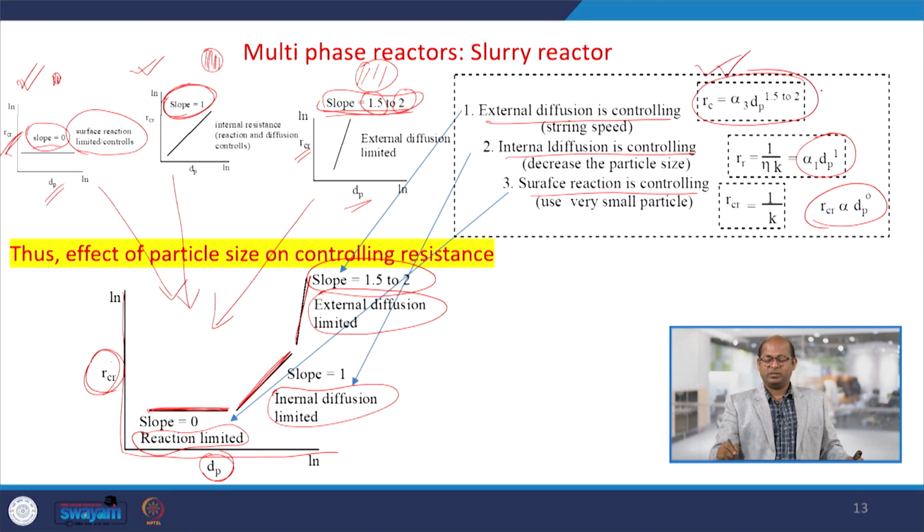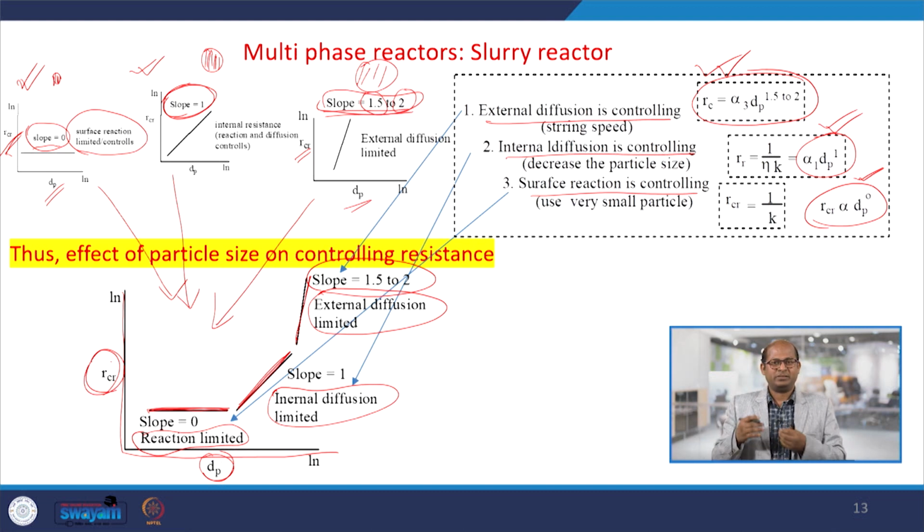Okay. So, in these three ways we have to plot the resistance against the particle diameter, and once we know which particular resistance is controlling for our system, then accordingly we can either increase or decrease the particle size or increase the stirring rate inside the reactor.